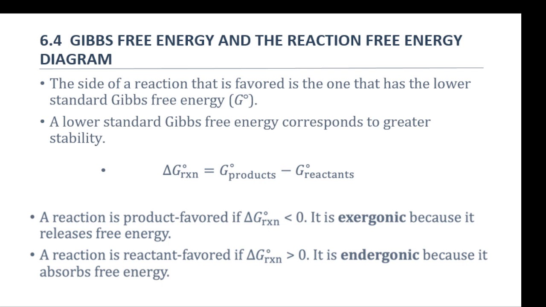Does anybody remember what Gibbs free energy is for an equilibrium? Zero. Yeah. So equilibrium means no side is going spontaneously, is it? Or another way of saying that is both sides are equally spontaneous. Okay? And so the delta G at equilibrium has to be zero.